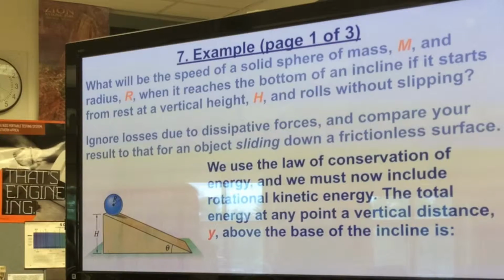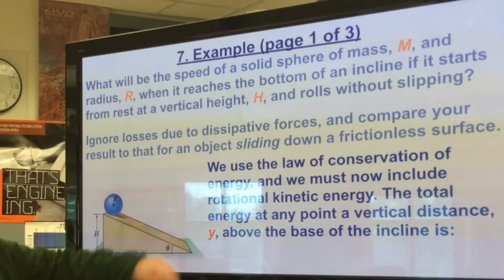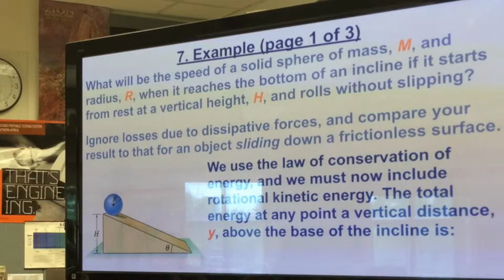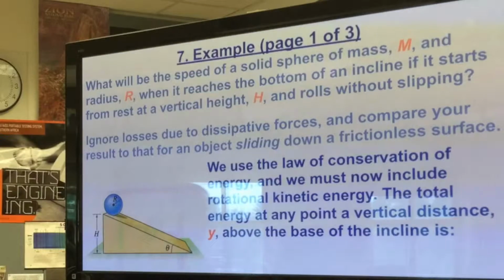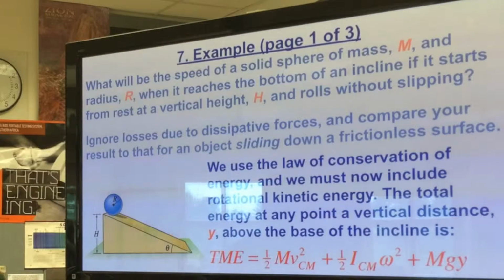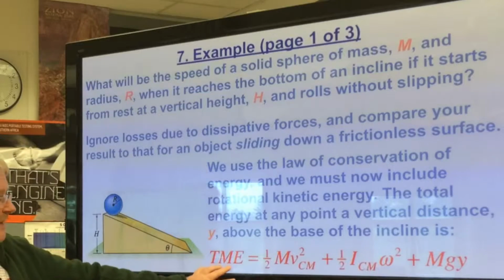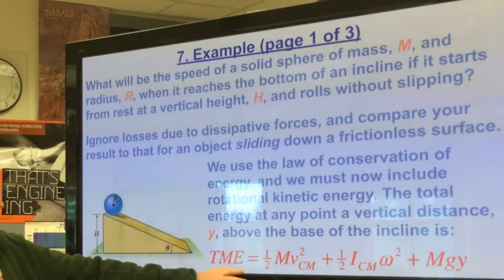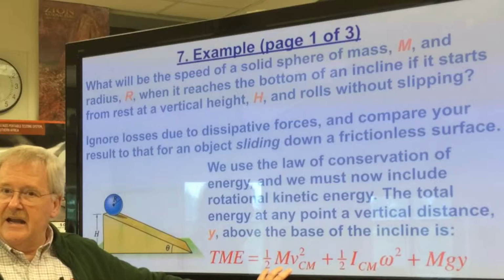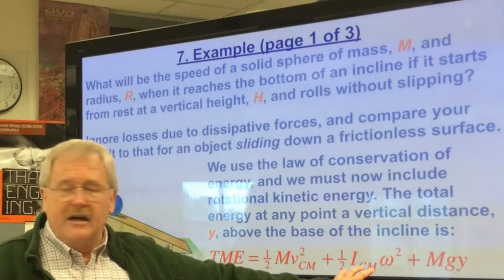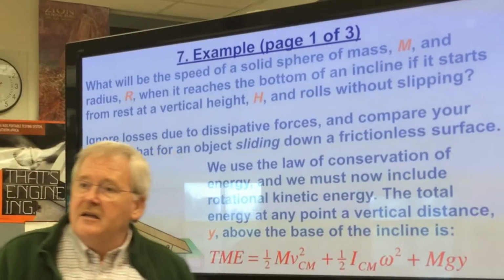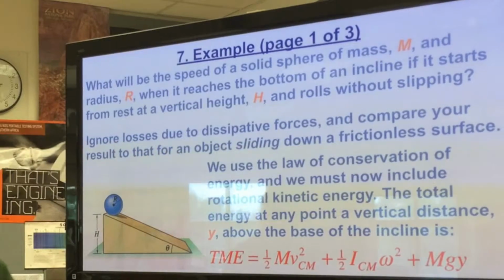So, we use the law of conservation of energy, and we must now include rotational kinetic energy. The total energy at any point, a vertical distance y above the base of the incline, is going to be given by this. Total mechanical energy is going to be the translational kinetic energy, plus the rotational kinetic energy, plus the gravitational potential energy.